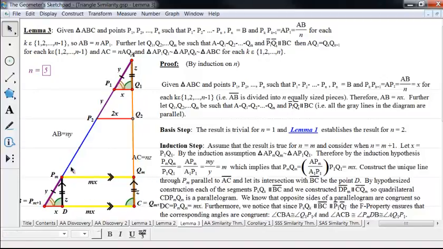And similarly, because these two are parallel, the F property tells us that corresponding angles are congruent if the lines are parallel. Of course, again, that's a Euclidean property.